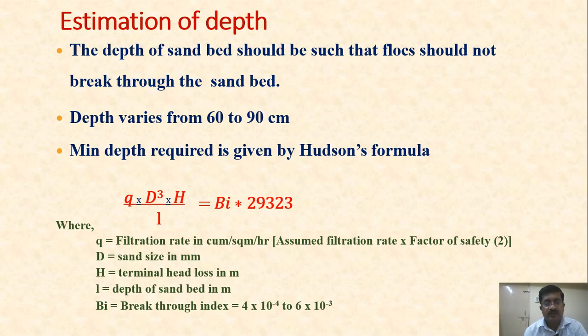L is the depth of sand bed in meter, and BI is the breakthrough index, which is generally 4 into 10 raised to minus 4 to 6 into 10 raised to minus 3. While carrying out the numerical examples, these concepts will become more clear, but initially try to remember the terminology we are going to use.